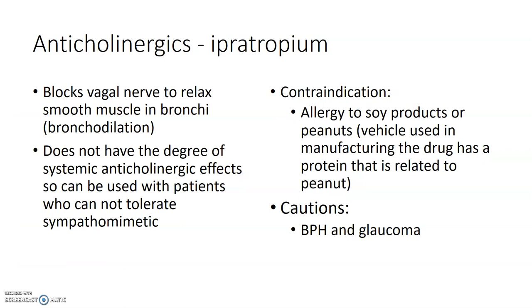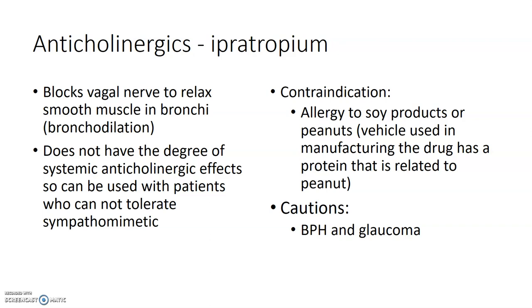Anticholinergic drugs include ipratropium, which blocks the vagal nerve to relax smooth muscles in the bronchi. It causes bronchodilation by inhibiting cholinergic receptors. It does not have the degree of systemic anticholinergic effects as oral drugs, so it can be used with patients who do not tolerate the sympathomimetic drugs that we just talked about.